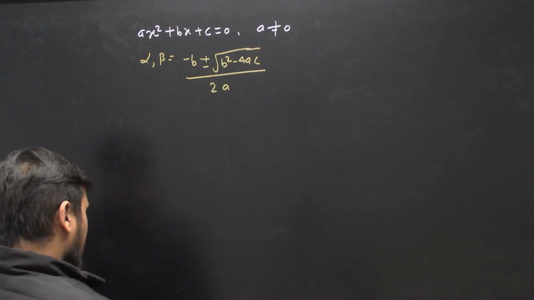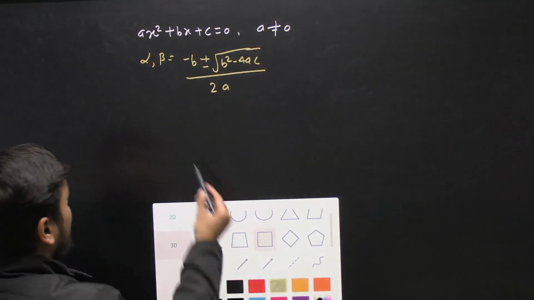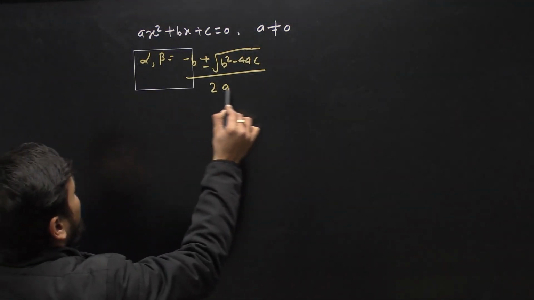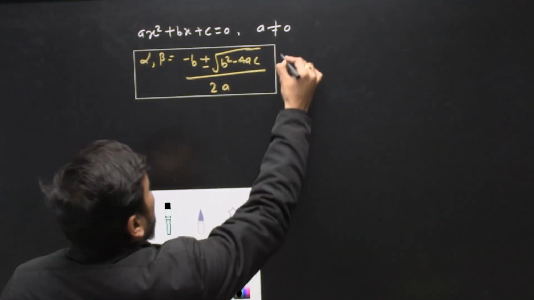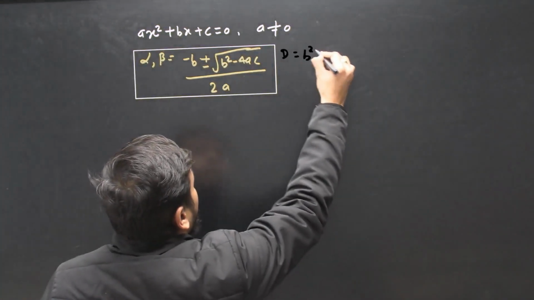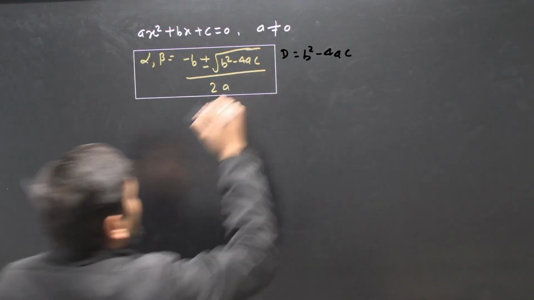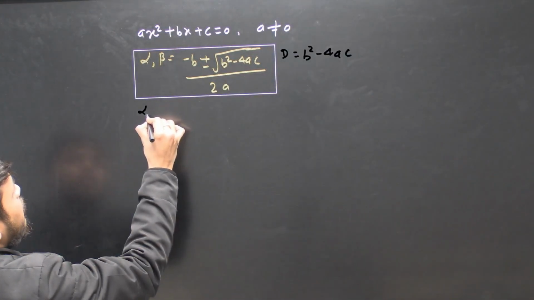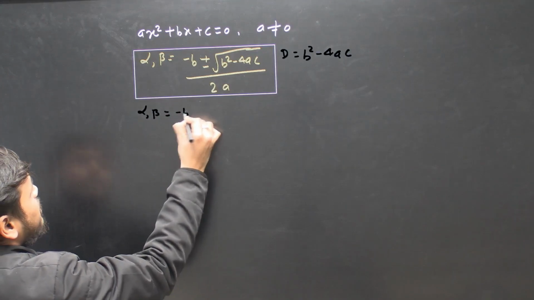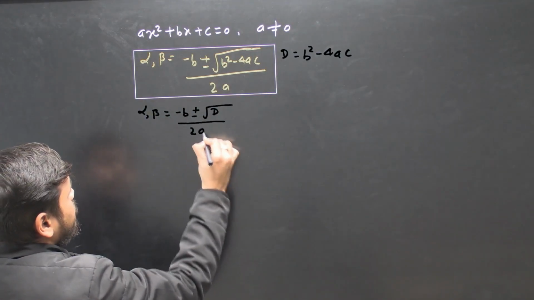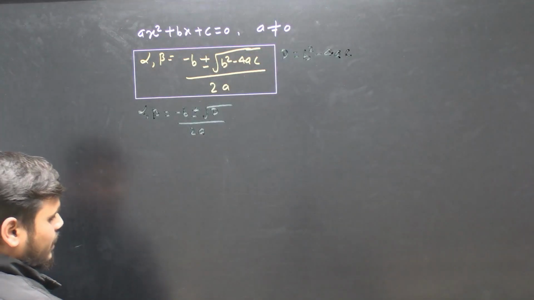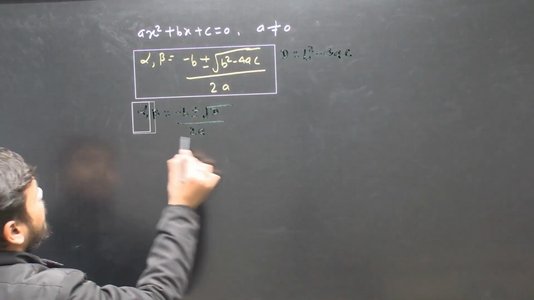right? And we are already aware that b square minus 4ac is called d, the discriminant of the quadratic, right? So d equal to b square minus 4ac. So this formula can be written as alpha comma beta equal to minus b plus minus root d over 2a.